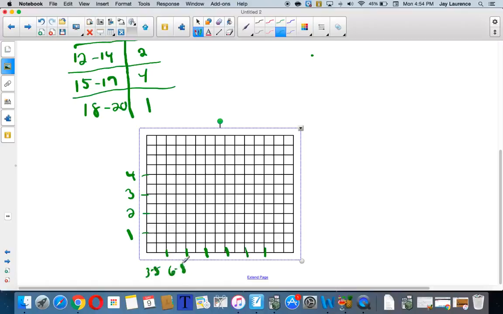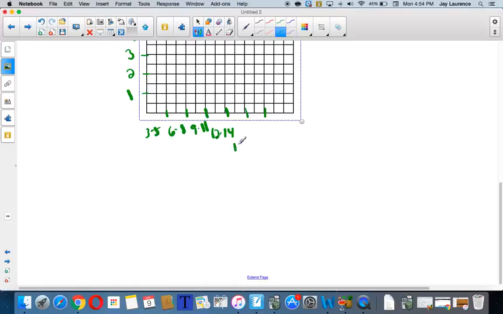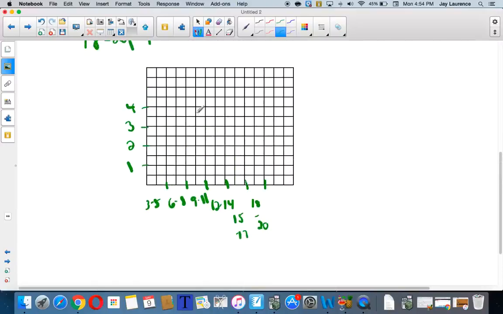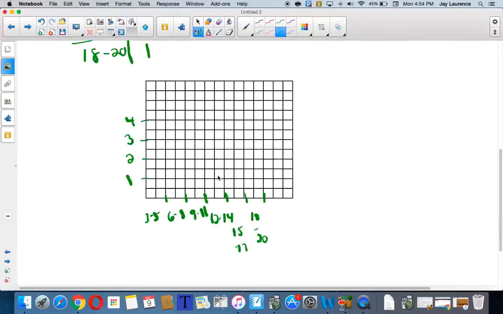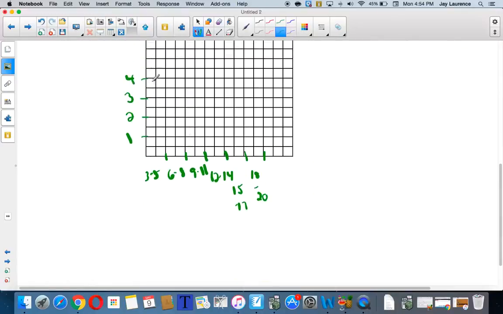This is 6 to 8. 9 to 11. 12 to 14. 15 to 17. And then finally 18 to 20. All right. So my bars, the first range had 4, then 2, 4, 2, and 3. Okay, so 4 is going to go like that. 4, 2, and 3, so then this one will go here, and then up to 3 there.